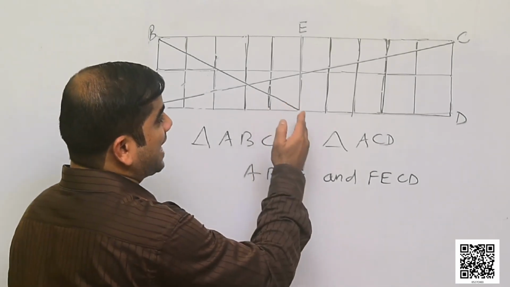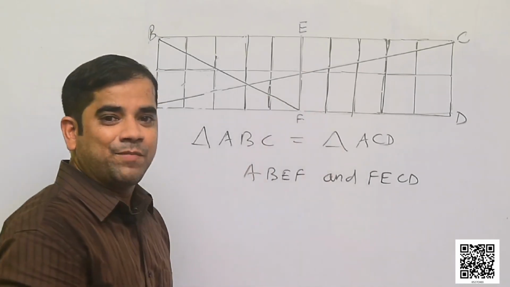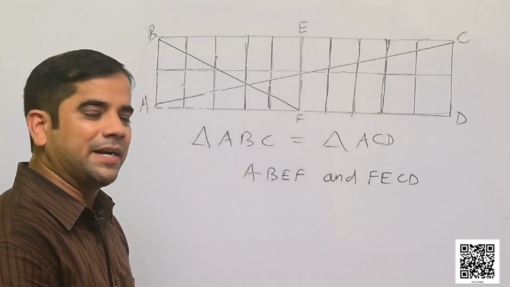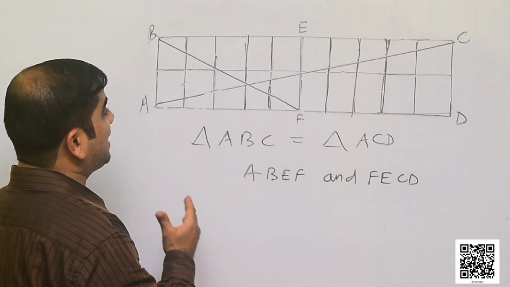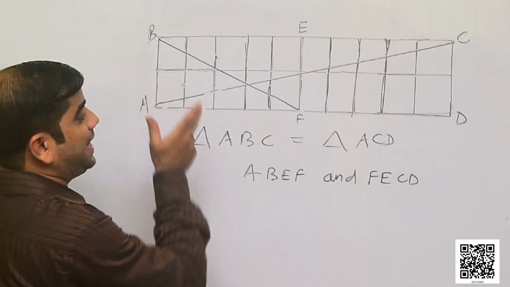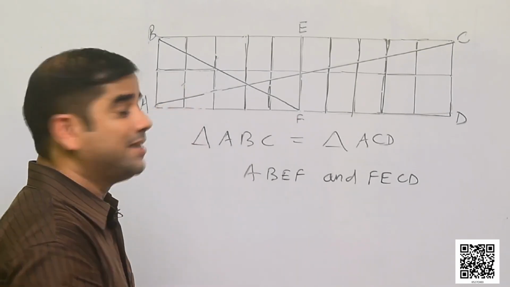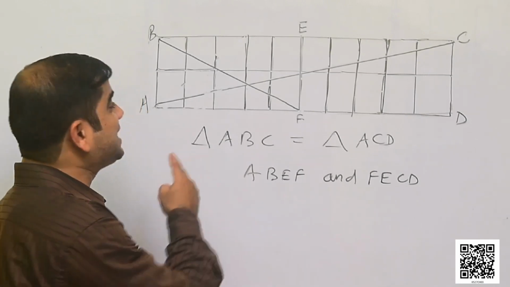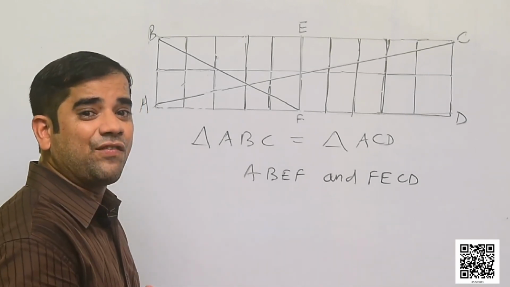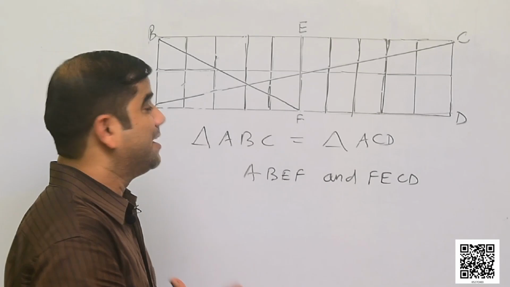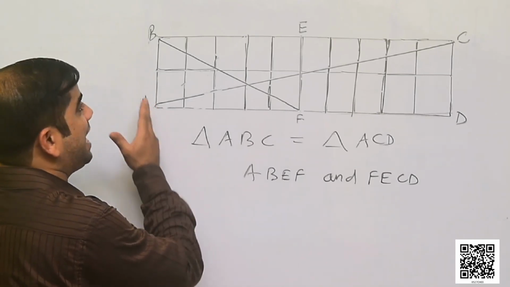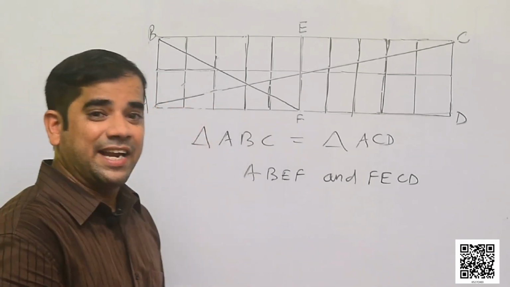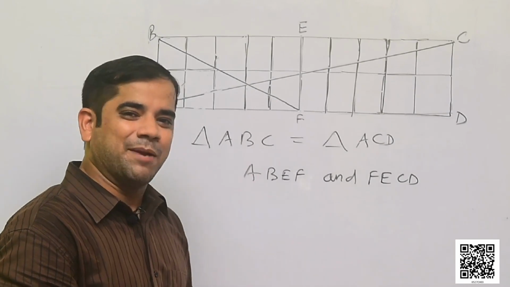So, rectangle FECD has an area of 10 square centimeter. Again, we have divided rectangle ABEF into two equal triangles. So, each triangle will have an area of 5 square centimeter, because rectangle ABEF has an area of 10 square centimeter.